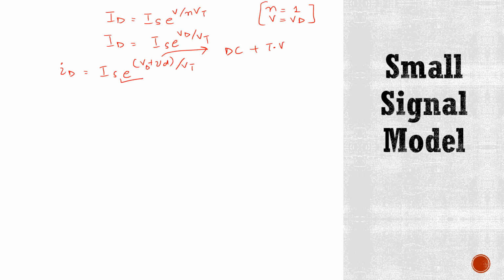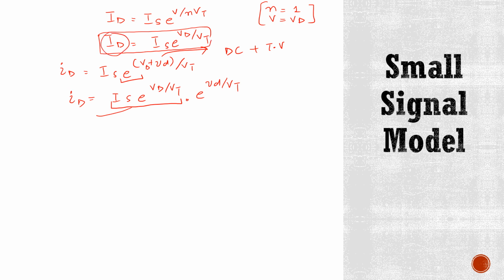Now if we split this exponential term, we'll get this equation. Now look at this term and compare it with this equation. As you can see, this term is equal to ID. So after substituting this value here, we get this equation.